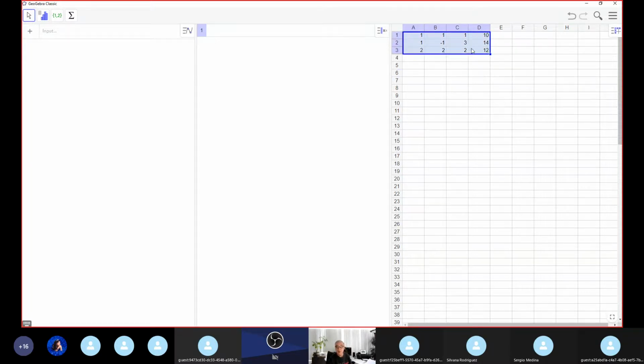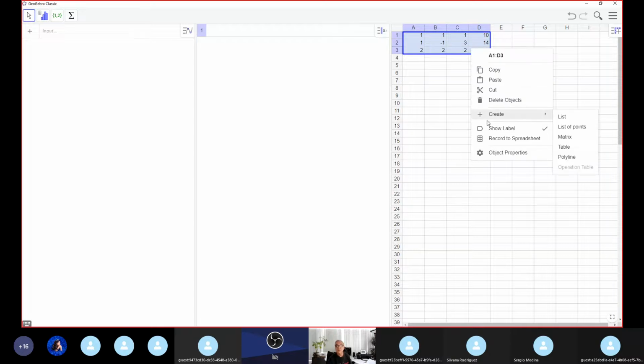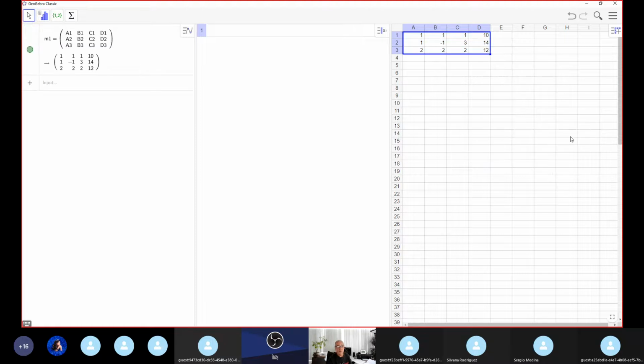I create the matrix. Remember, you select everything, go to create, select matrix. Automatically in the algebra part, you can see the matrix, and by default it's called M1, M2, and so on. If you want to rename it, you change the name.